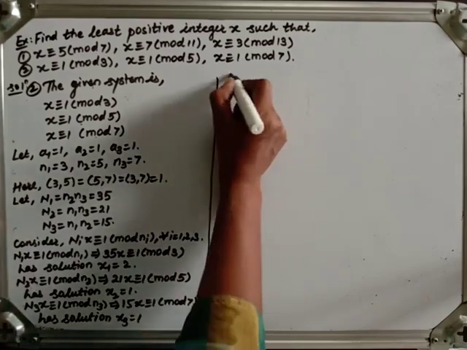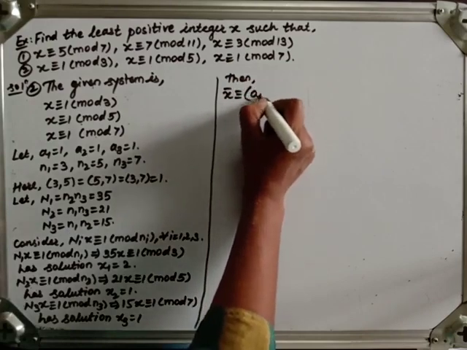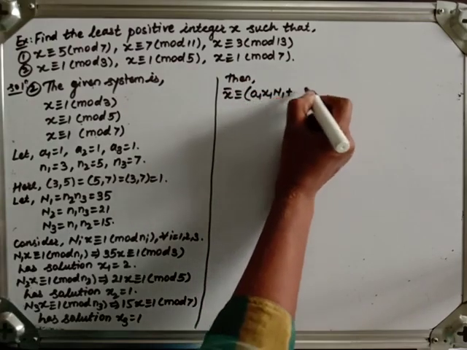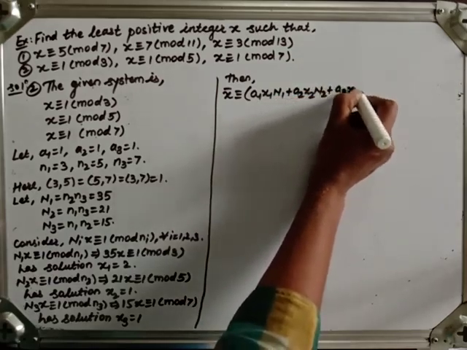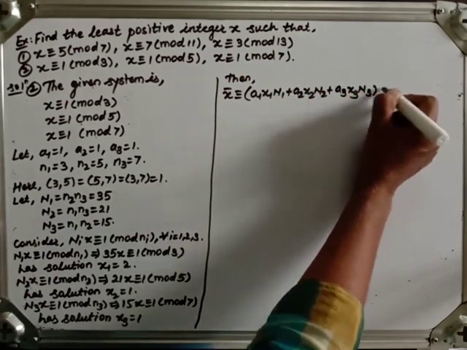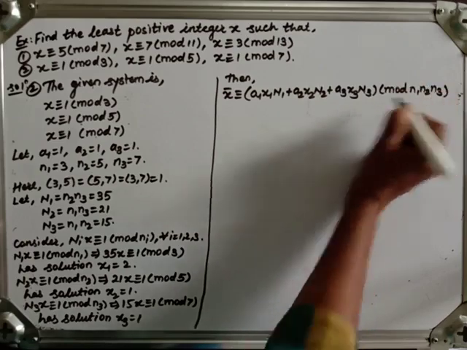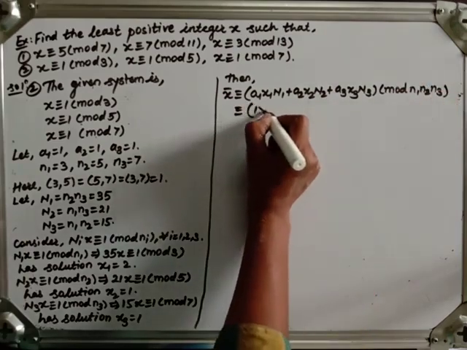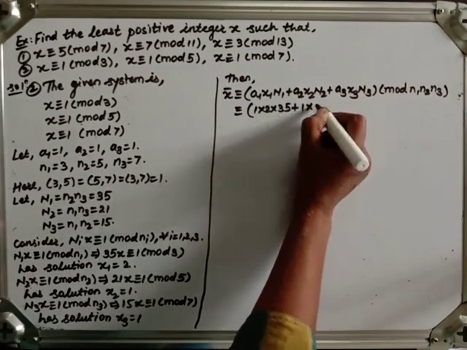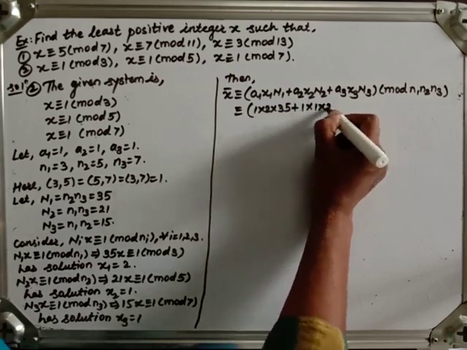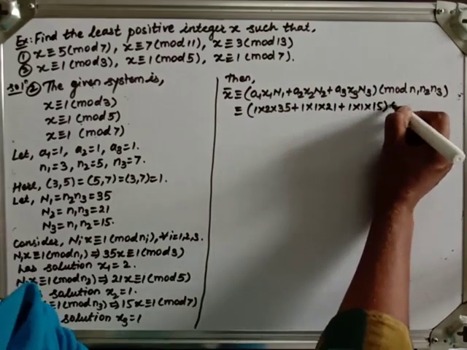Then what is x bar? x bar is congruent to a1 x1 N1 plus a2 x2 N2 plus a3 x3 N3 modulo n1 n2 n3. So this is 1 into 2 into 35 plus 1 into 1 into 21 plus 1 into 1 into 15 modulo n1 n2 n3.